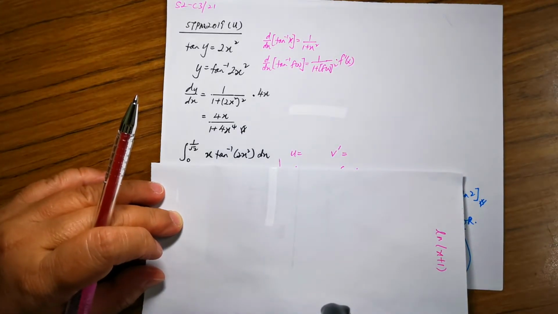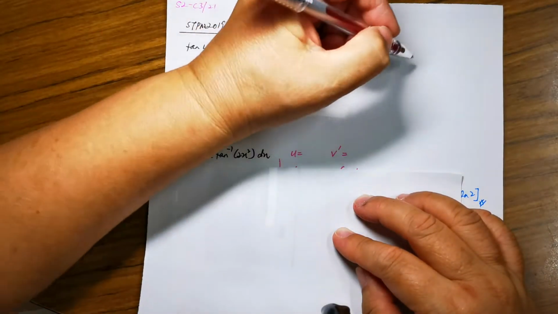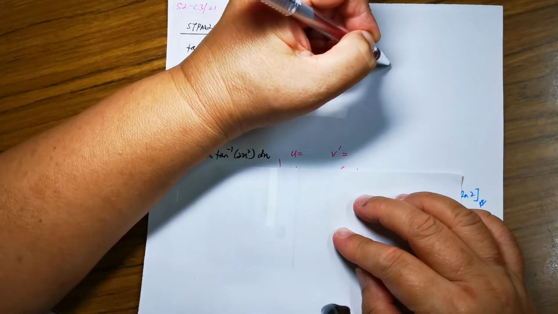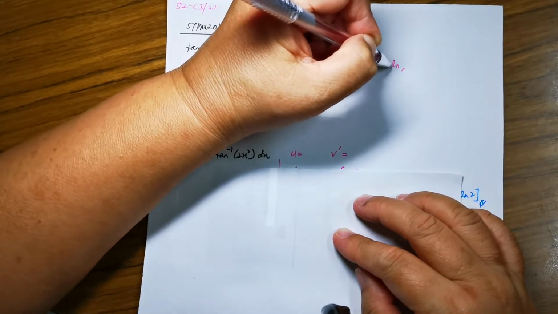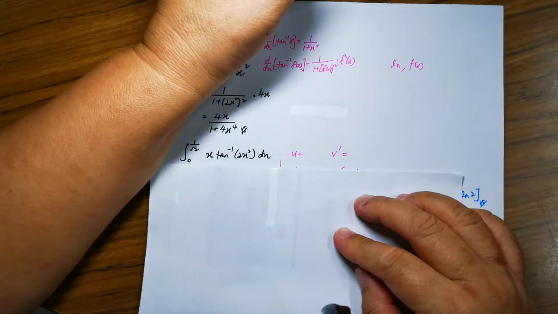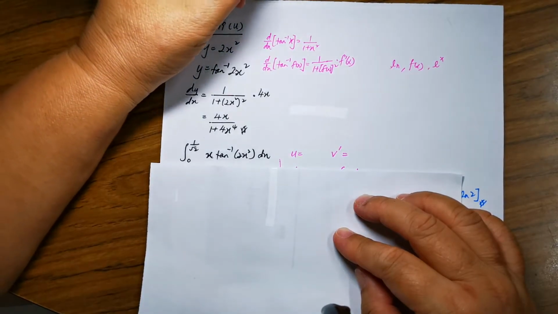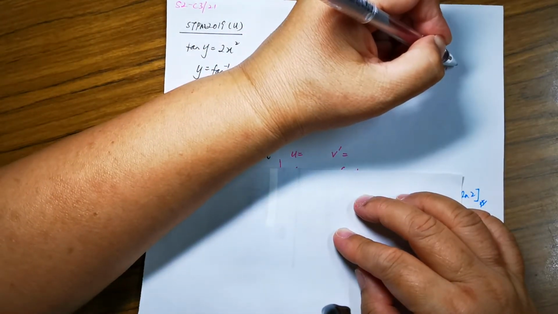Remember we have to choose u. Our standard method is, I told you, find ln first. No ln, then we find f(x). If no f(x), then only we find exponential function. If really no exponential function, then only others.